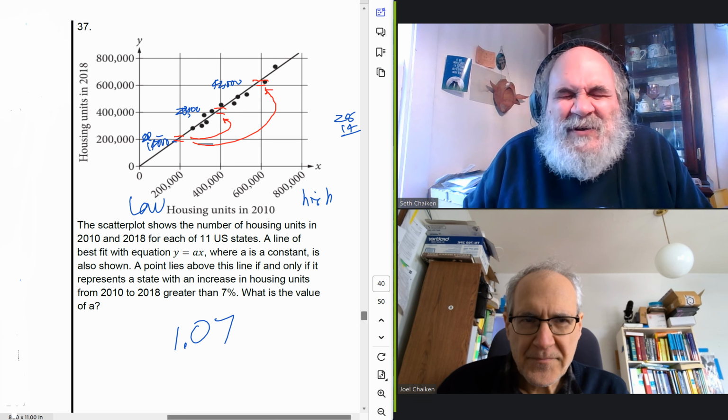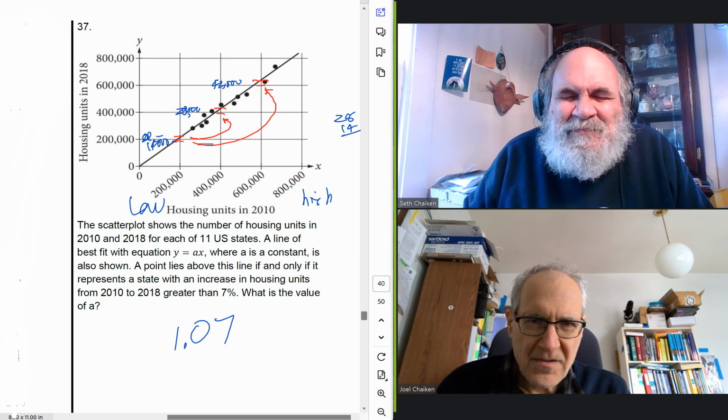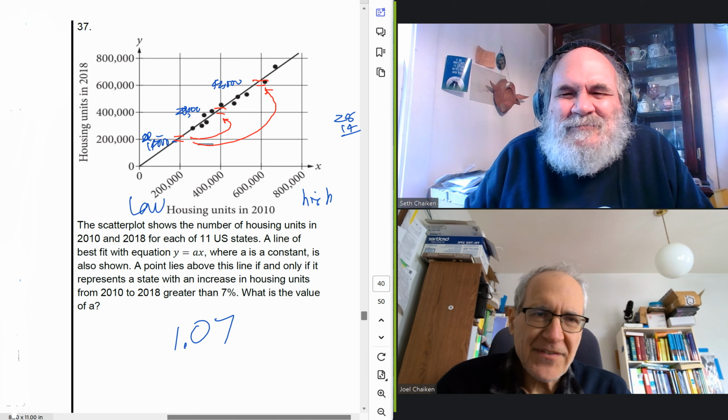Your favorite term for this formula is the shopping formula, right? If you have a 7% increase in price, then the new price is 1 plus 7% times the old price.